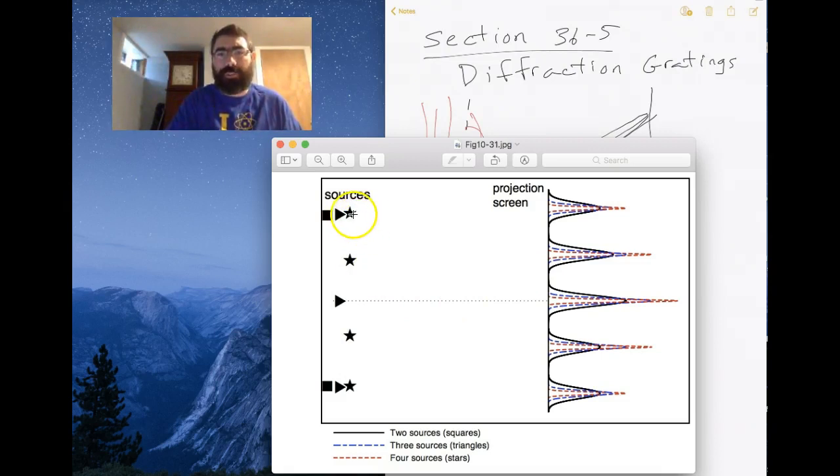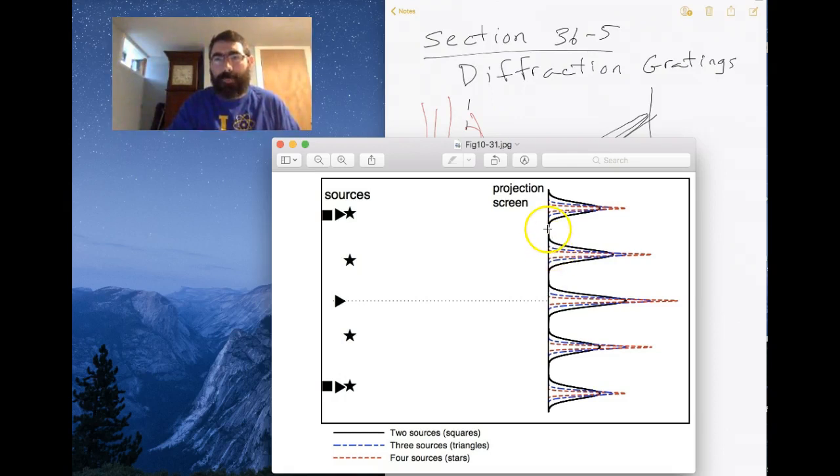If I now increase it to 4, so now I've got the 4 stars, these sources, that makes the much narrower red. So these bands are getting higher in intensity, more light is being constructively added to them, and they are getting much narrower. So that intensity now is being squeezed into a smaller space.